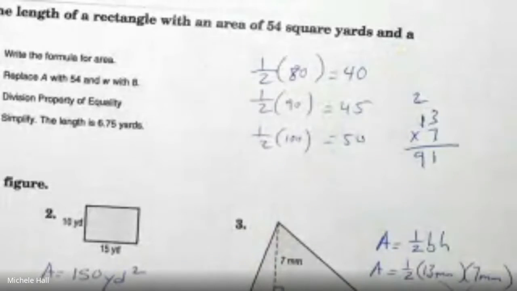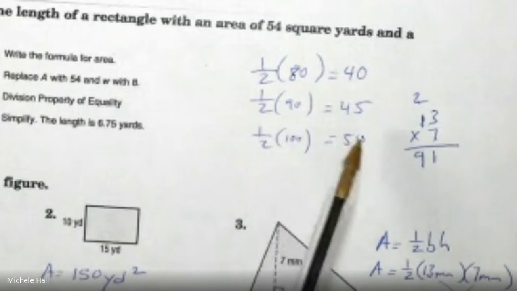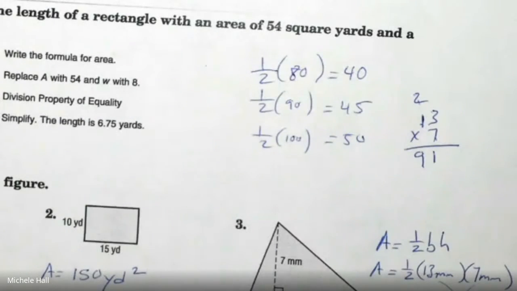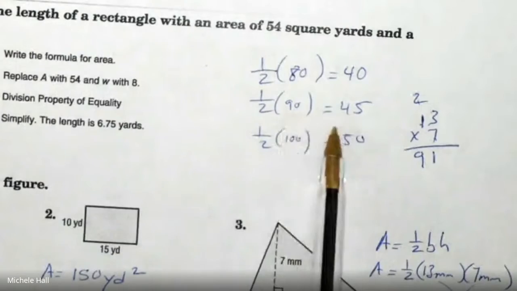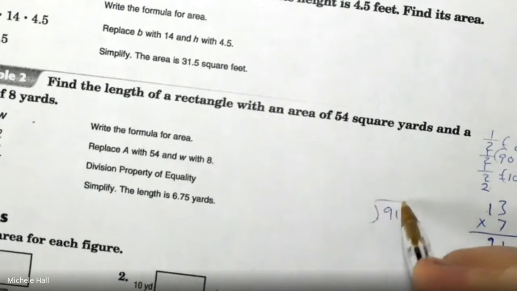I need 91. I need to know what half of 91 is. If half of 90 is 45, what's half of 91? What's half of 1? 0.5, right? So I only need to know what 91 is, so that'd be 45 plus 0.5. And then I could have just done dividing 91 by 2.